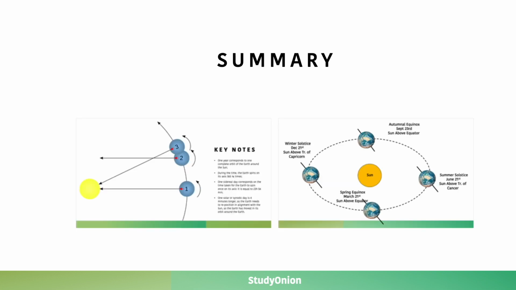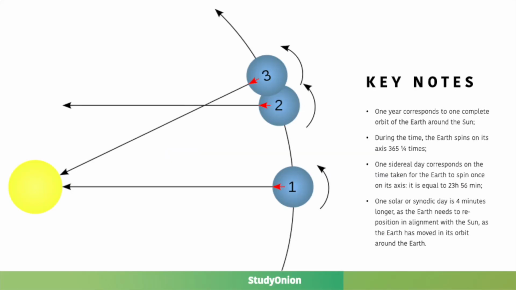So, to summarize, 1 year corresponds to one complete orbit of the Earth around the Sun. During this time, the Earth spins on its axis 365.25 times. One sidereal day corresponds to the time taken for the Earth to spin once on its axis, which is equal to around 23 hours and 56 minutes, and one solar day is 4 minutes longer at 24 hours.